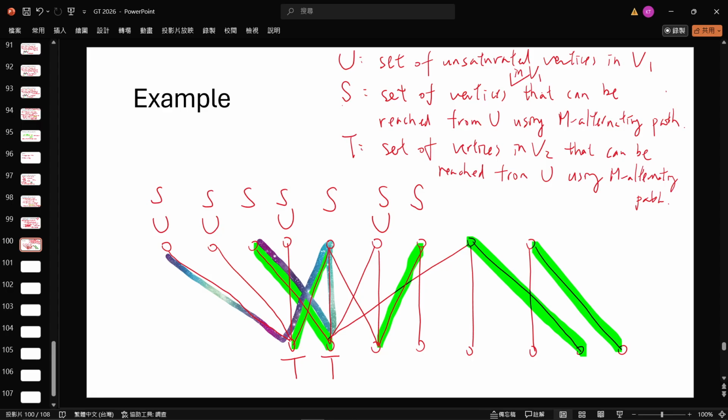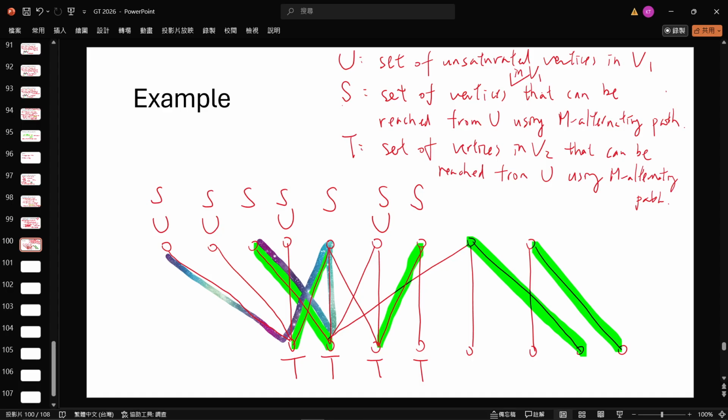And next, this is also in T because after I reach this vertex, I can use this one. So this is in T, and this is also in T, okay? Once again, don't worry if you cannot see how to figure out which vertices are in T. These are just examples.